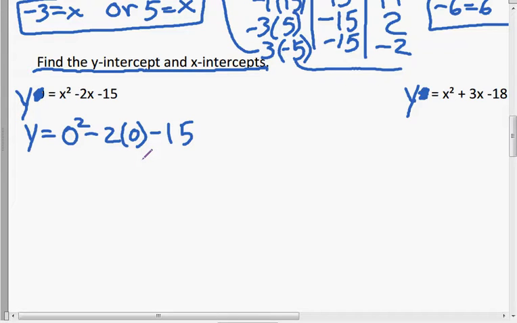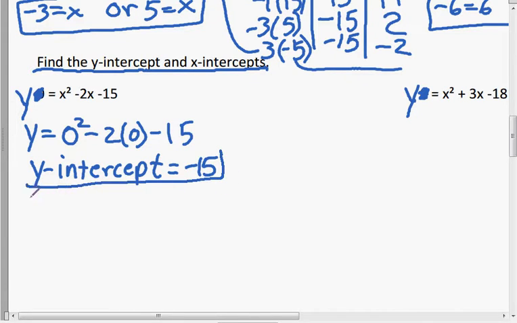I subtract 15. I can say my y-intercept equals negative 15. And you can probably tell, you could just write that down. You could just say y-intercept equals negative 15. You don't need to do all the calculations. But if it helps, you certainly may.